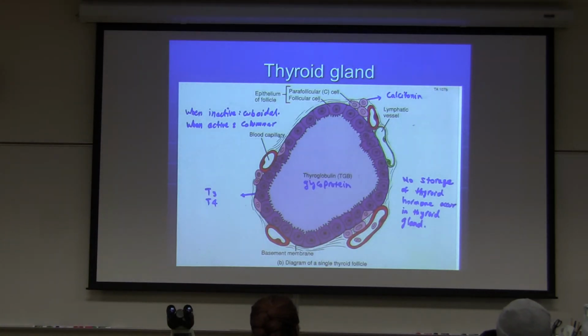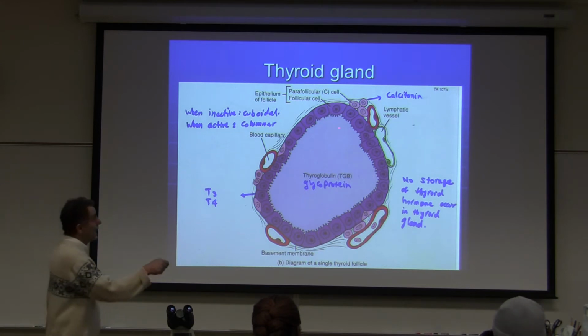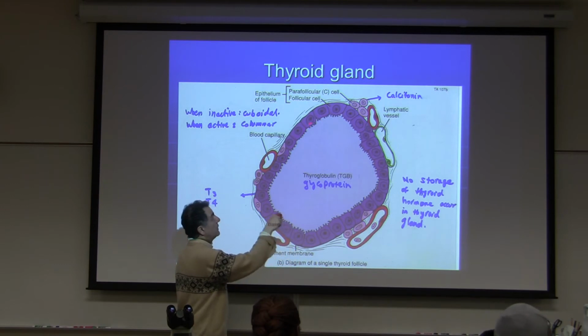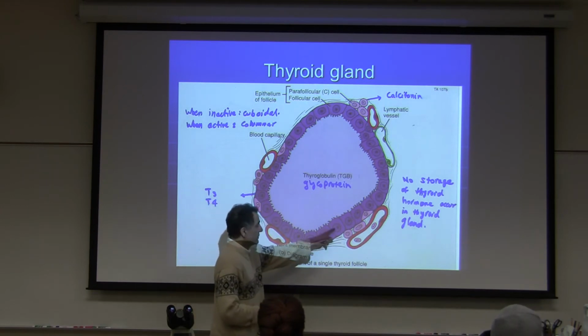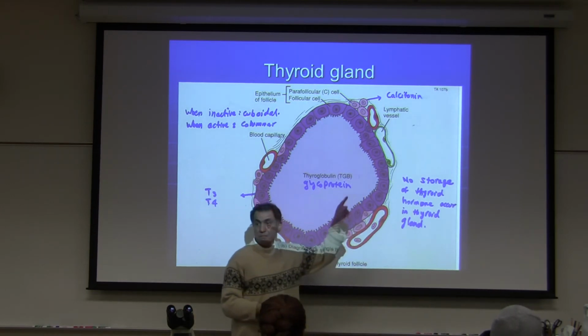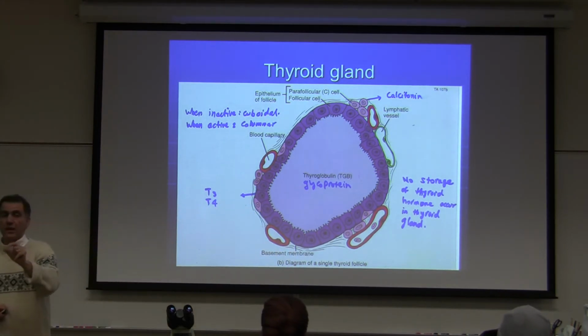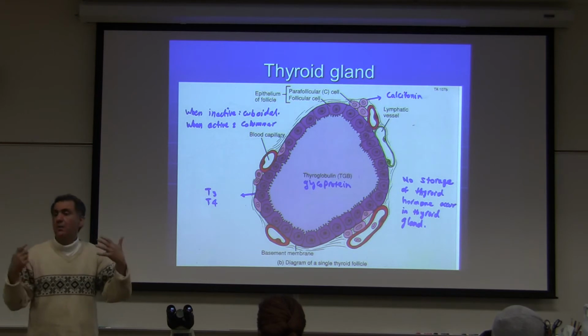Okay, here is the follicle on your slides. You do have things like this. This is the follicle, and these are called follicular cells. They are simple cuboidal epithelial tissue. Your textbook says when they are active, they become columnar.